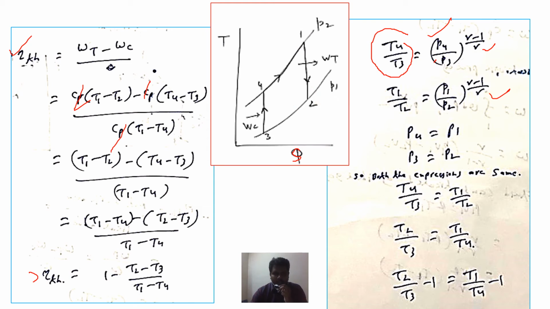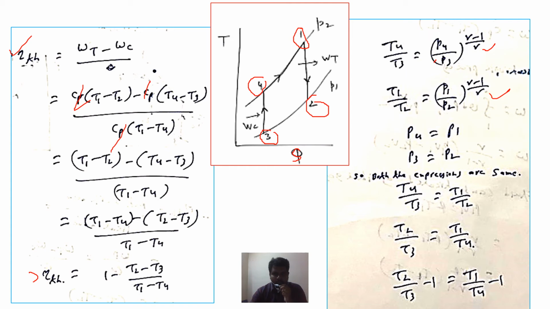Here, process 4 to 1 is a constant pressure process, so P4 equals P1. Process 2 to 3 is again a constant pressure process, so P3 equals P2.